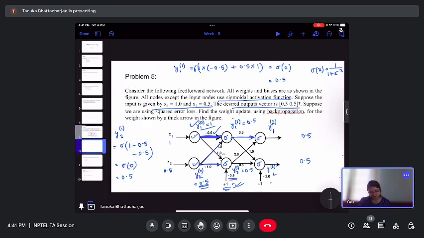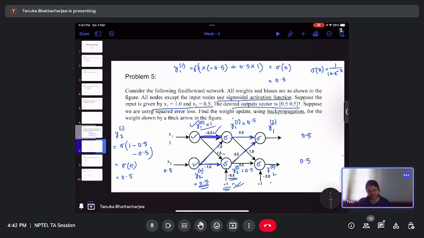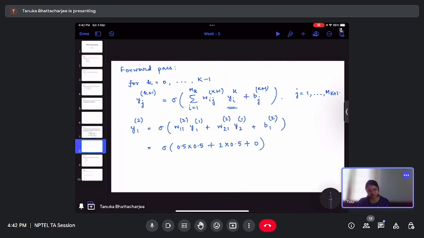Next is y21, connected through this weight w212, which is 2, so 0.5 into 2, plus here there is no bias term involved, so this is 0. So can someone compute this answer?